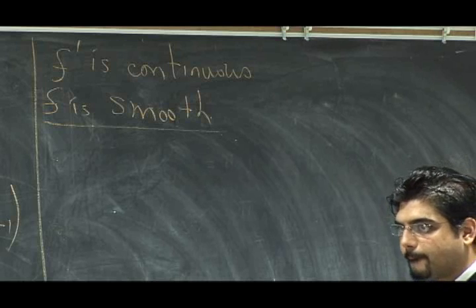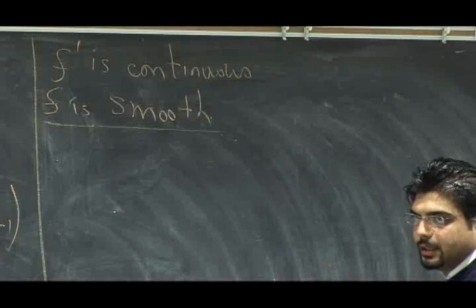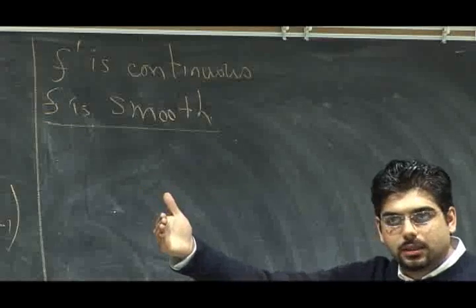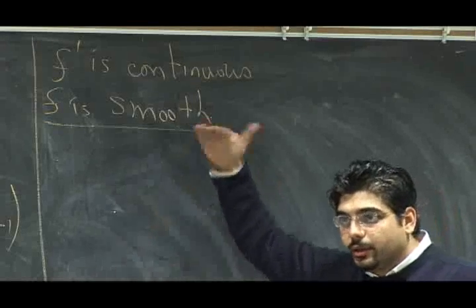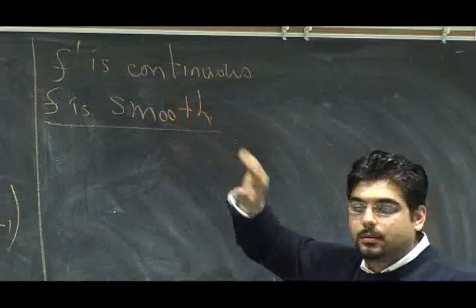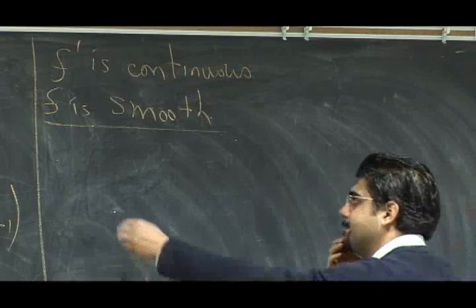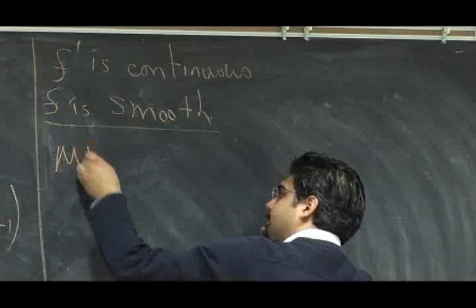Is that okay? Because f is not smooth, then this wouldn't work. So f prime is continuous, which means f is continuous, differentiable, and the derivative is continuous. Okay, and here's the nice part.